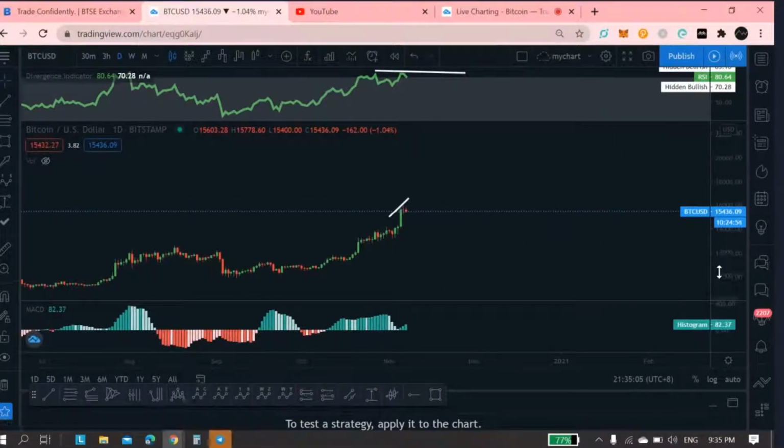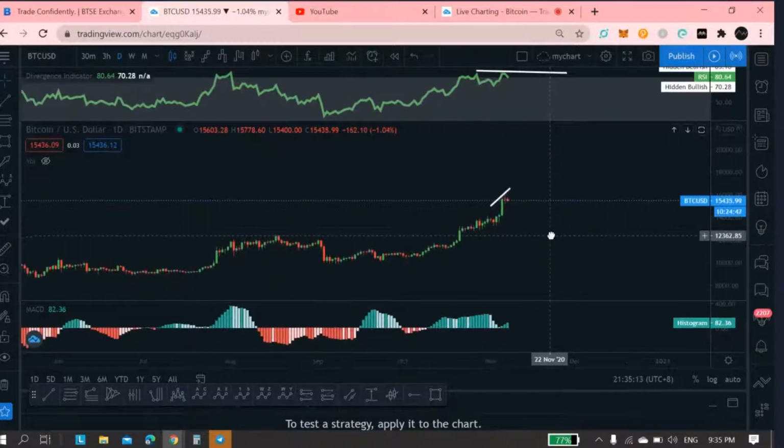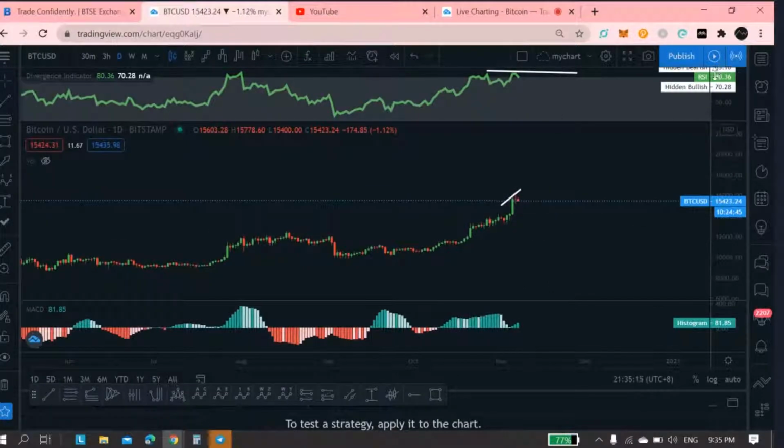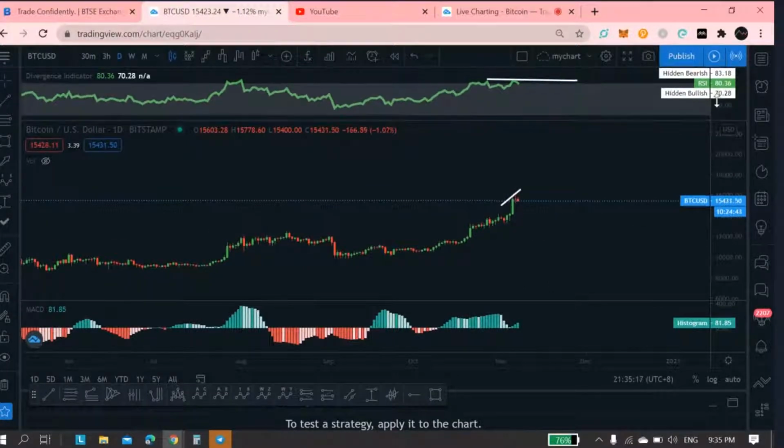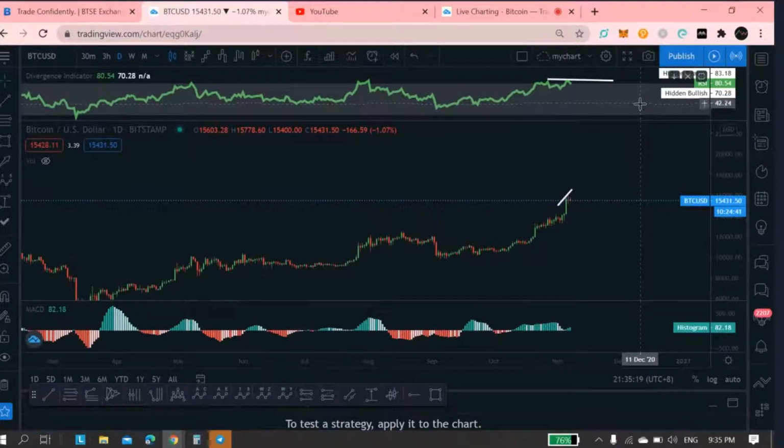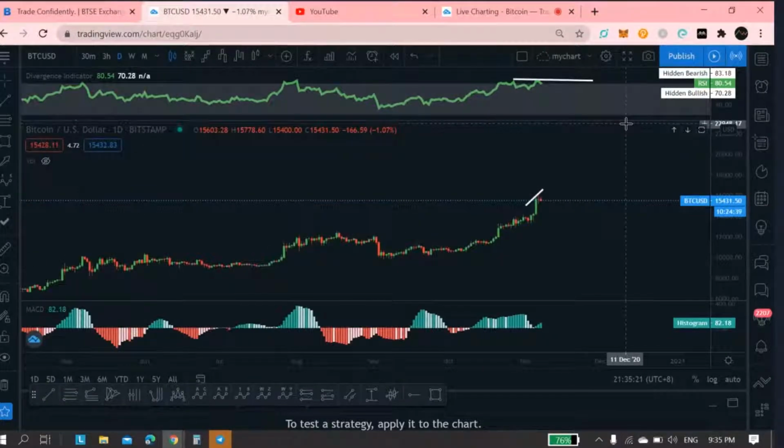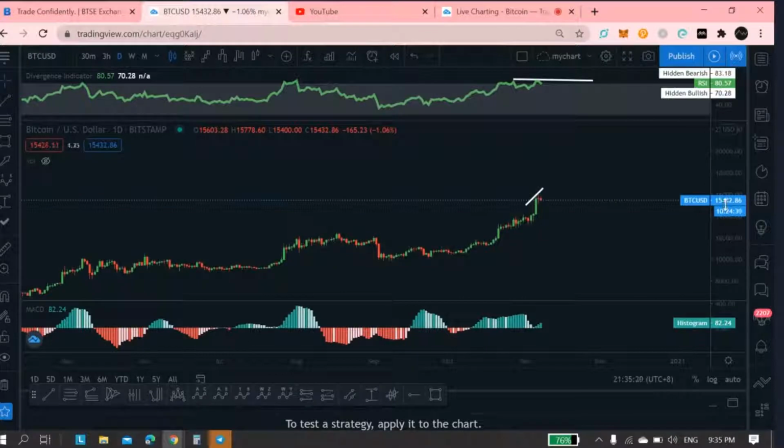So actually my last trade, if I'm not mistaken, was close to 16,000. That's where I closed my long position. But I close most of my trades at different prices. So currently I'm waiting for a possible reversal, or actually I'm waiting for an alarm to alert me, because at the moment I'm more bearish.